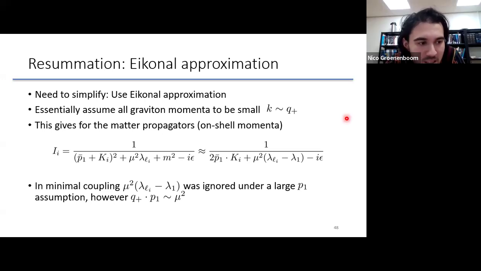Yes. I would definitely say that this can only be done because we are considering exactly these ladder diagrams, where it's possible for the scalars to stay on the same momentum and have the gravitons be little. But an arbitrary diagram could have different loops.